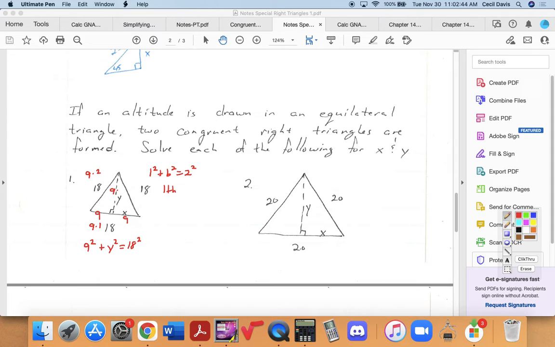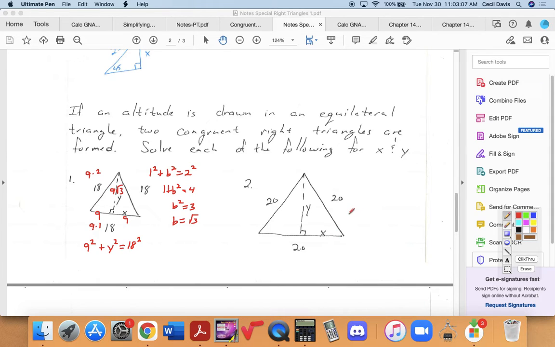That'll be 1 plus b squared is 4. b squared is 3. So b is the square root of 3. Oh, this is 9 square roots of 3. If we would have just solved it normally, we'd get the same thing. It just takes longer.